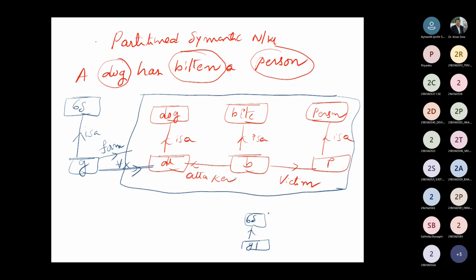G1 will have a form, and that form is for all X. So this diagram will say that all the dogs have bitten all the people, or all the pets, or something like that.